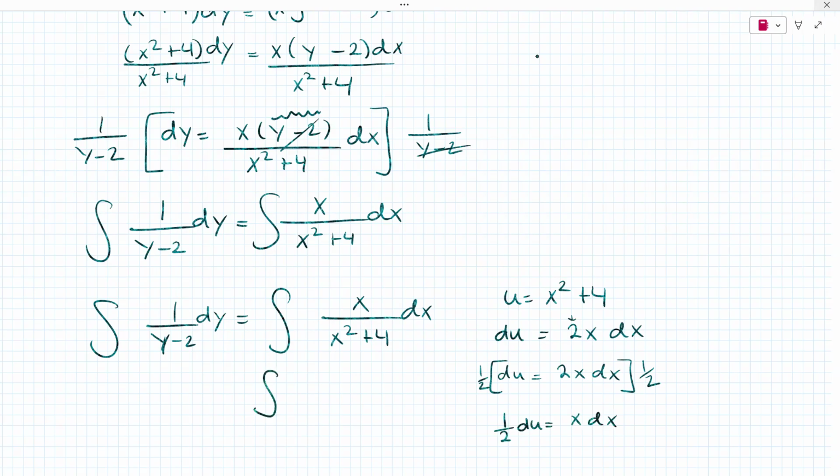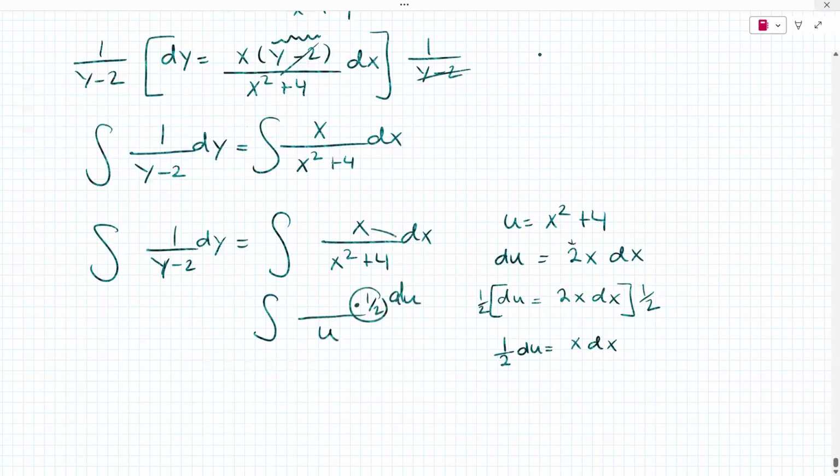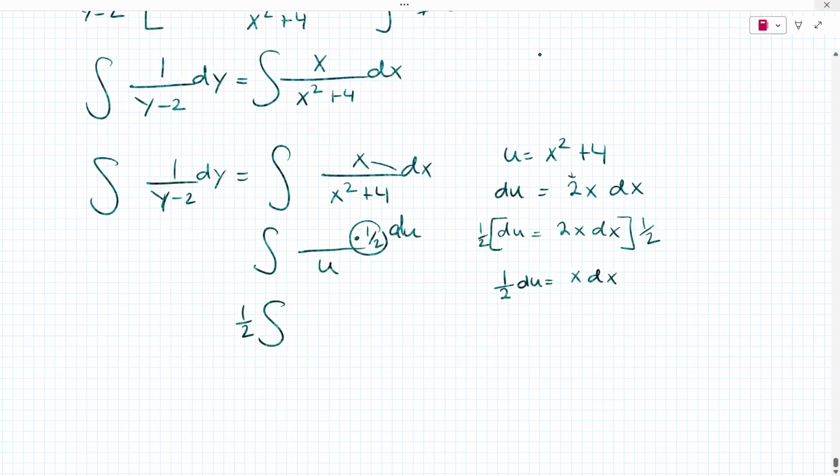So this can be expressed as the integral of 1 over u, and you can replace x dx with 1/2 du. And this 1/2 is a constant, so you could just bring it out in front of the integral.